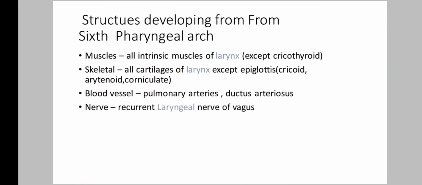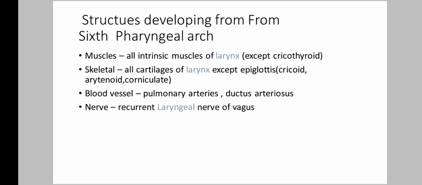Then we reach the sixth pharyngeal arch. As we have discussed, the fifth arch usually fuses with the sixth one, and the muscles which are derived from this are all the intrinsic muscles of the larynx except cricothyroid.